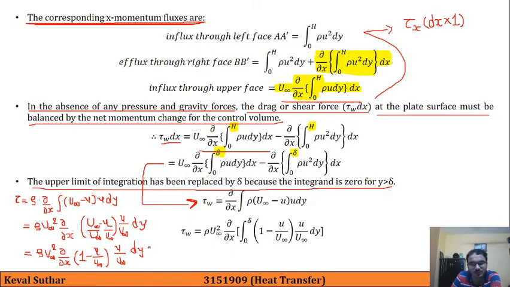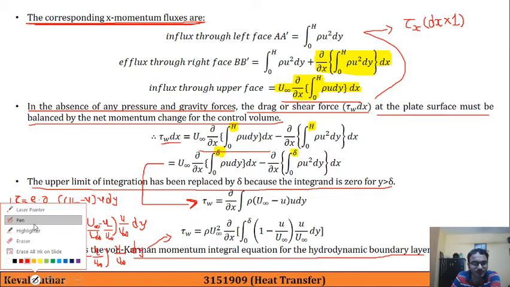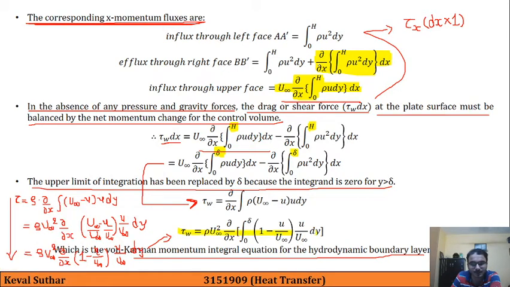So this is the same formula that we are getting. These are the simplifications that you should go through, and this is our von Karman momentum integral equation for hydrodynamic boundary layer. So this is a very important formula.